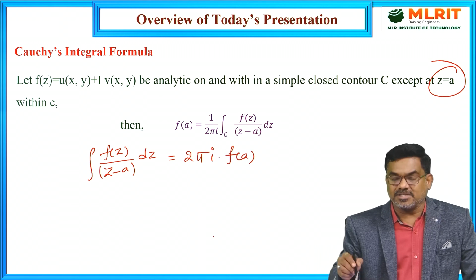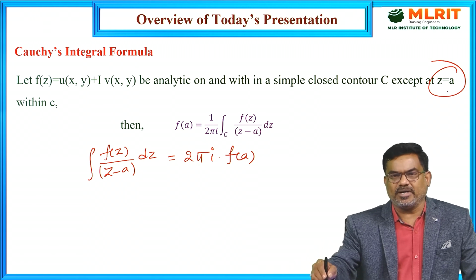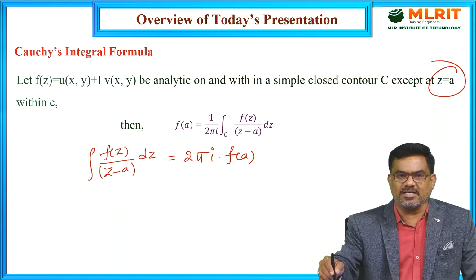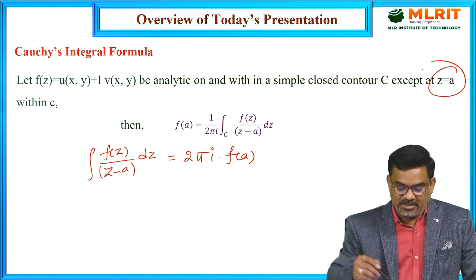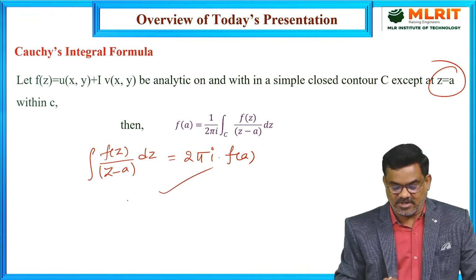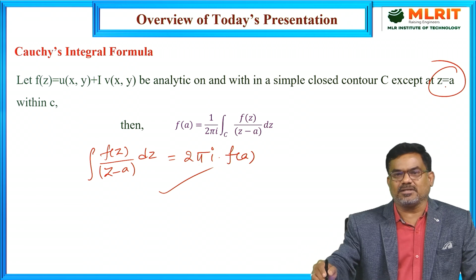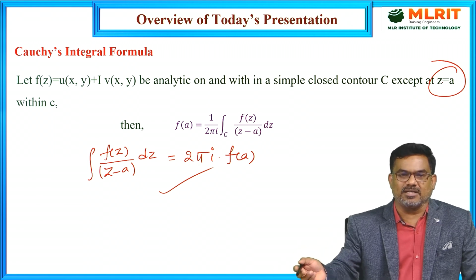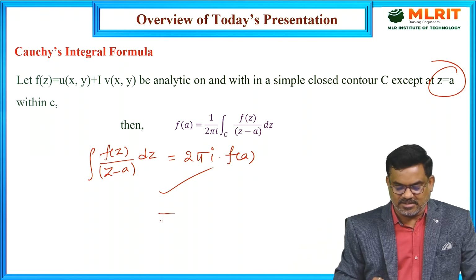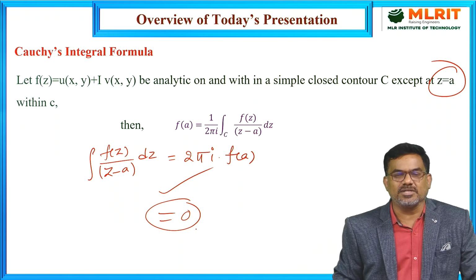If this singular point lies inside the given curve, then the result of this line integral is 2 pi i into f of a. If this singular point lies outside the circle, then simply the answer is 0. That is Cauchy's integral theorem.